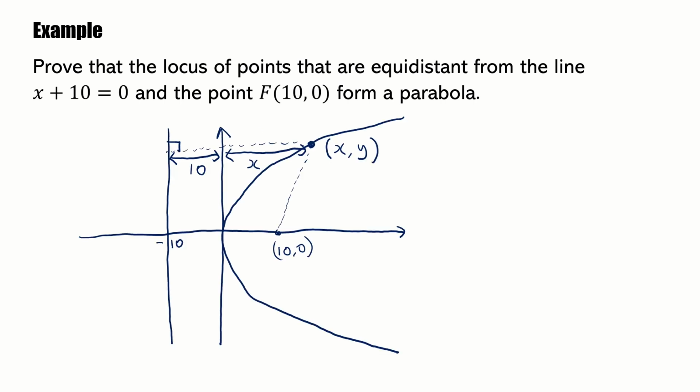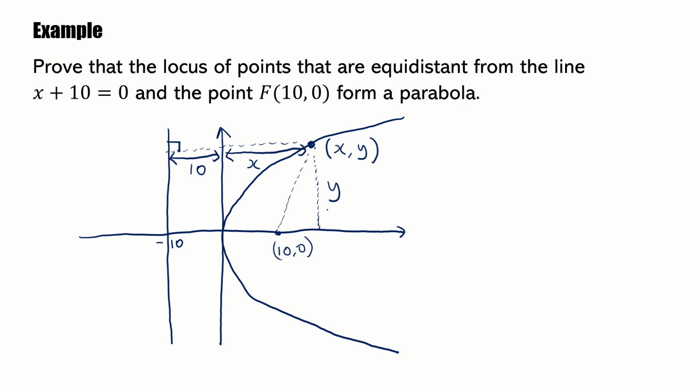We now need to find the distance from the point to the focus, which is going to be a diagonal distance. But that's not a problem, because we've already dealt with that before in Maths A level. It's just effectively using Pythagoras with the horizontal and vertical distances to form the diagonal distance. The vertical distance is quite easy, because the y-coordinate of our point is y, the y-coordinate of the focus is 0, so that's a distance of y vertically.